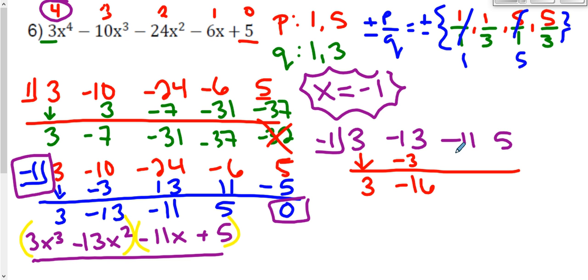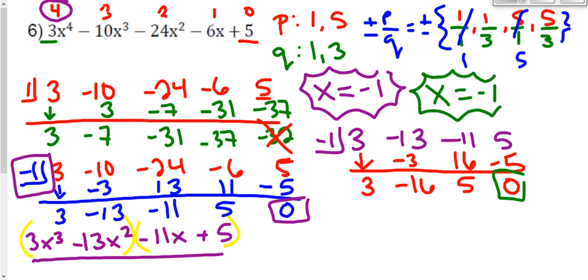When I multiply that by negative 1, I get positive 16. If I add up and down, I'll get a positive 5. And when I multiply it by negative 1, I'll get a negative 5, which gives me a remainder of 0, which means x equals negative 1 worked in my polynomial a second time. X equals negative 1 again. So that had a multiplicity of at least 2.